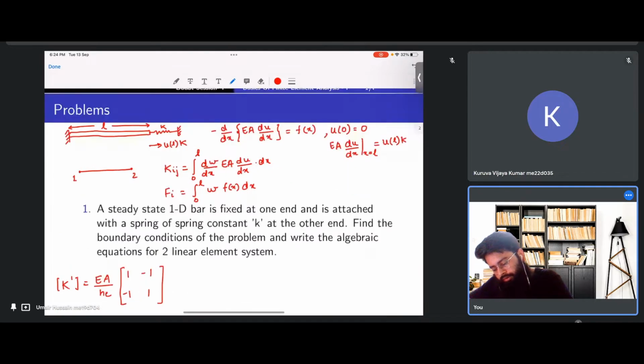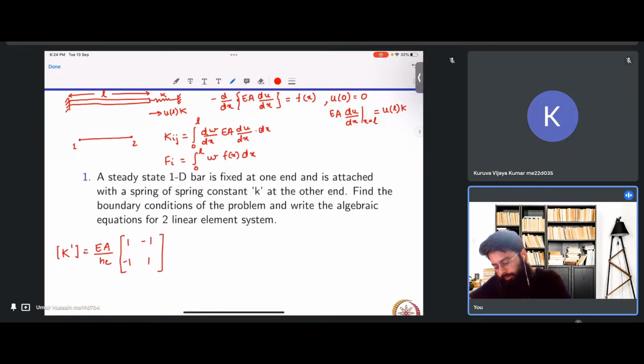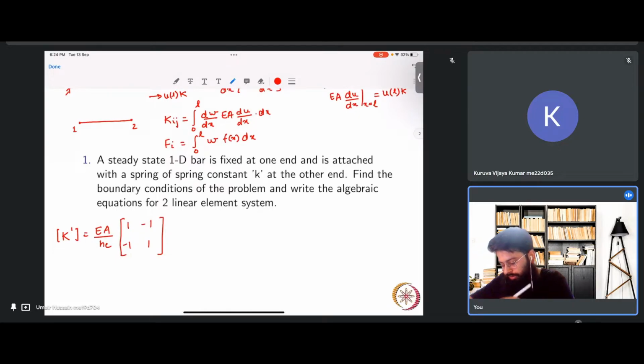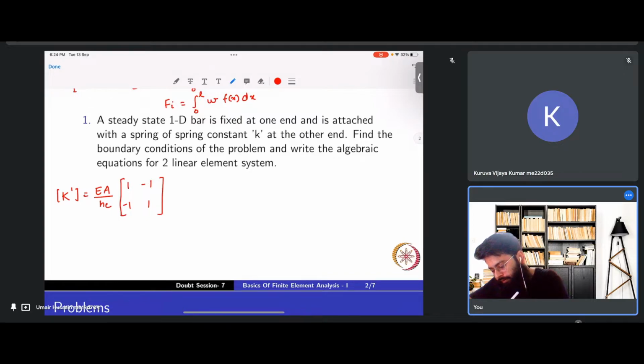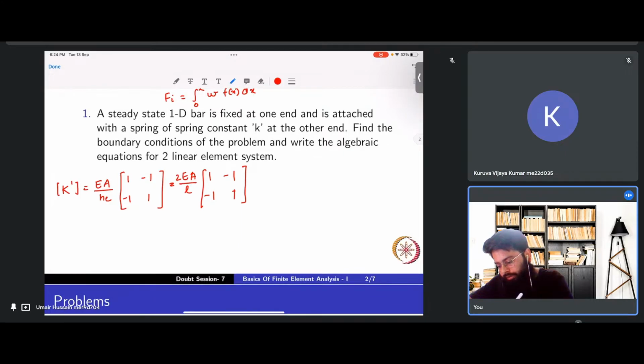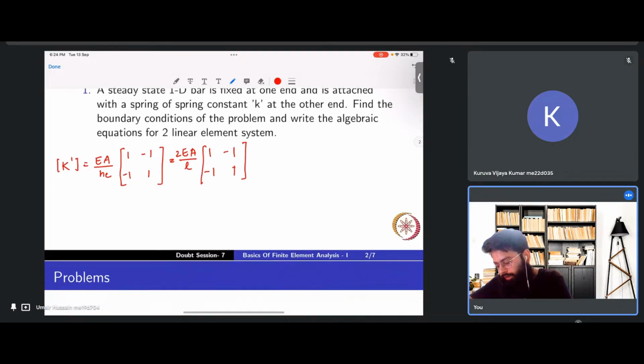Okay, so we have to consider two linear elements, right? So similarly, h_e for the first element would be L by 2, times [1 -1; -1 1]. And similarly, we'll get the same for the second element.